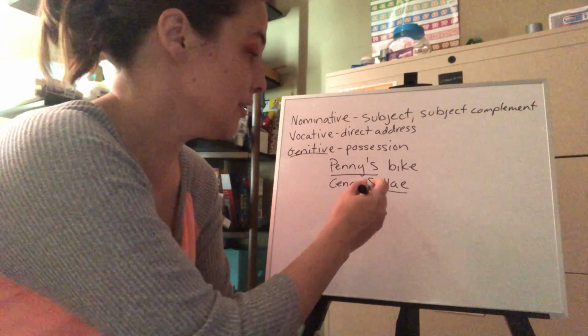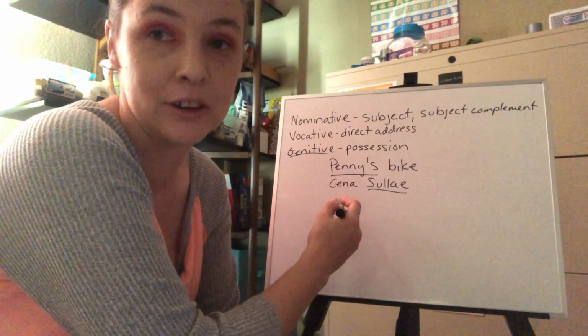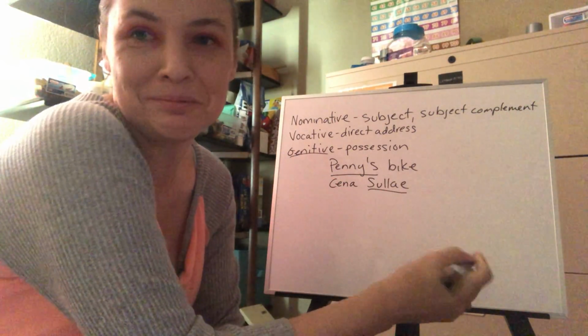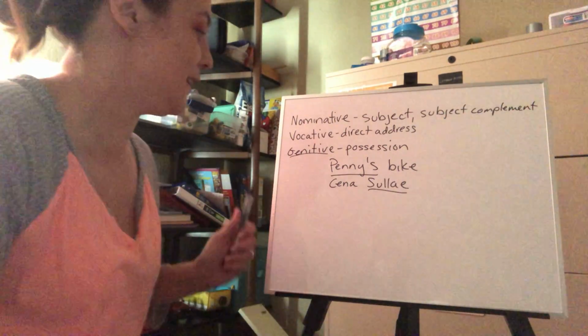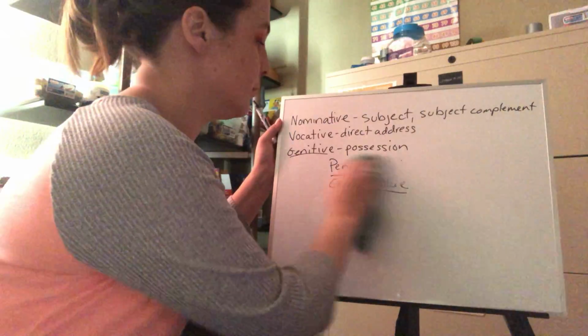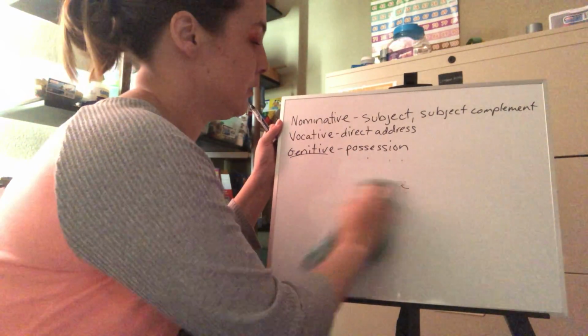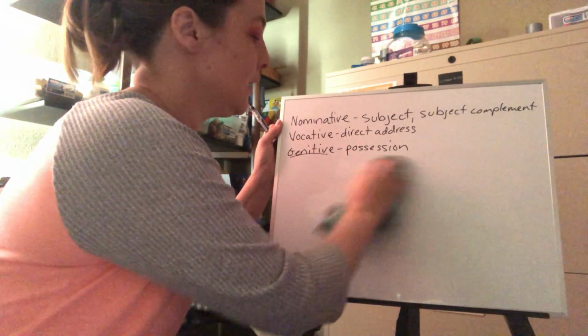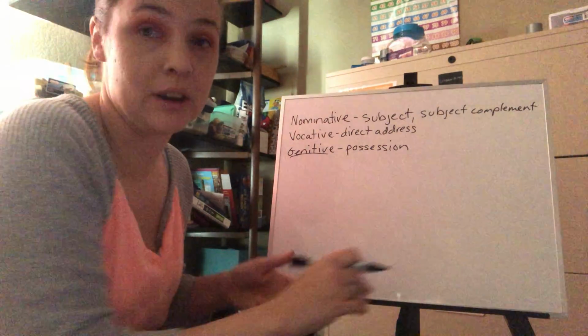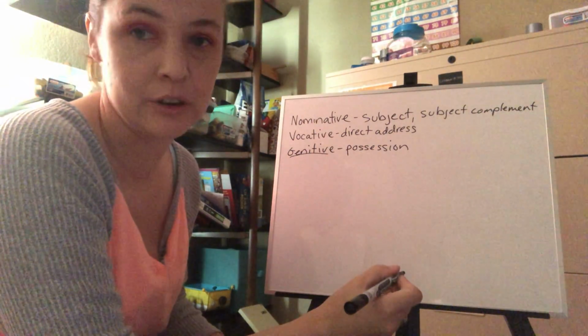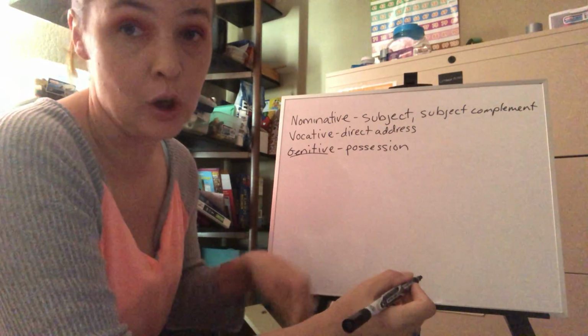Okay, we call it Sulla's feast or Sulla's dinner, but it's not in that order, is it, in Latin? All right, so genitive shows possession, and it's always the thing possessed or owned that goes in the genitive. It's never going to be the person or the thing that is owned.